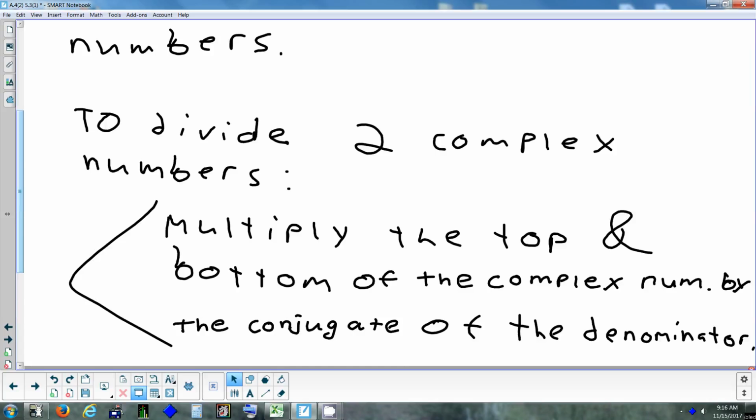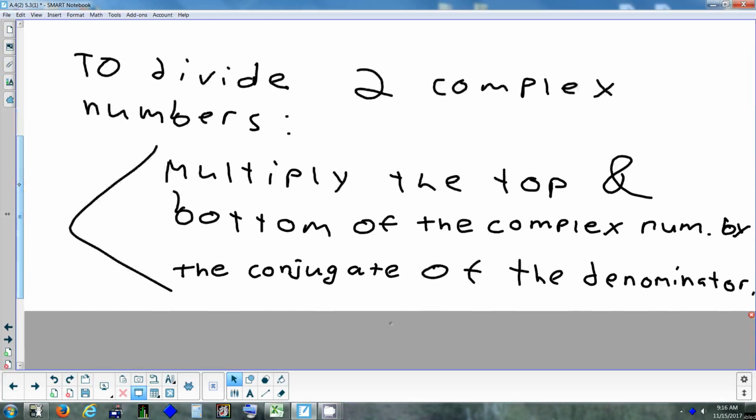So really, to do division, you need to understand multiplication. That's all division with complex numbers is. It's multiplication by the conjugate. And you always do the conjugate of the bottom. You don't do the conjugate of the top with these kinds of problems, because you want to cancel the i's out from the bottom, not the top.